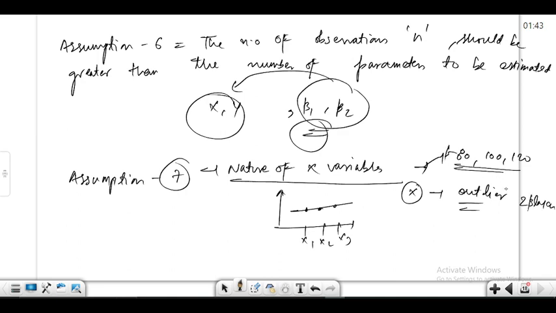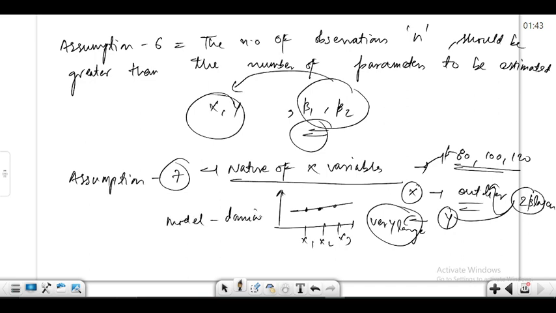Because if this value comes into the model, the y value that we get will also be a very large value, and my model will be dominated by outliers. So the expected value of y would be dominated by the y value that I get from this 2 lakh weekly income observation.